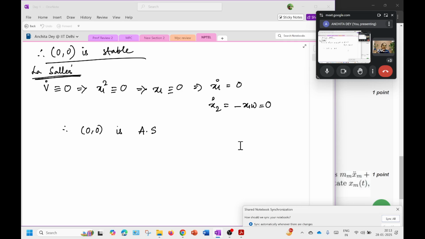It can start from anywhere, but you want to find the point such that if it reaches 0, then it will not change any further. So that's why you are asking what my x2 should be, so that if I reach that very state, then my V dot will always stay 0 after that time.